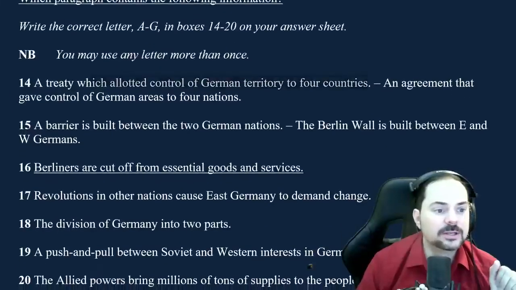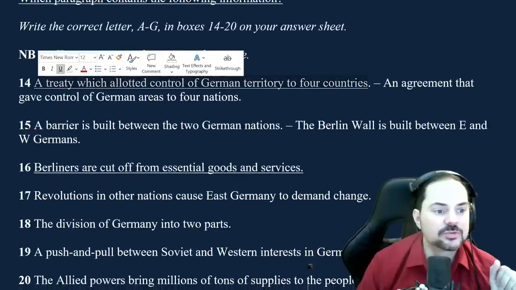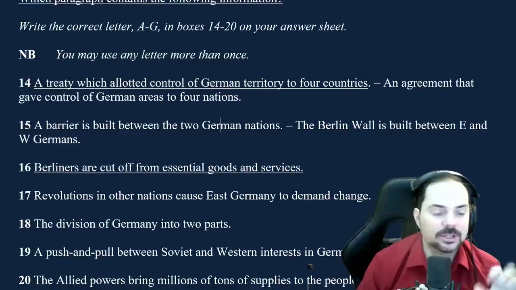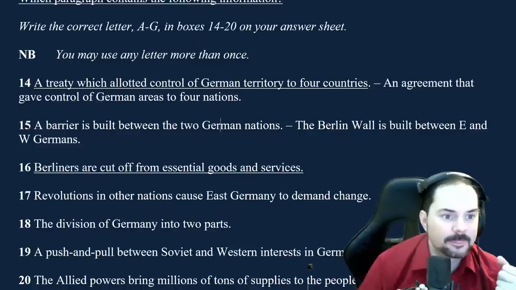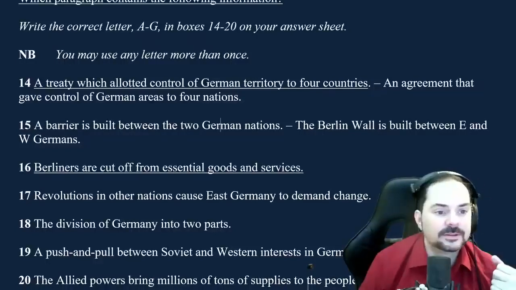Could you read the question instructions and question 14? You don't need to read the paraphrase, just the question that I underlined. Write the correct letter A to G in boxes 14 to 20 on your answer sheet. A treaty which allotted control over German territory to 4 countries.